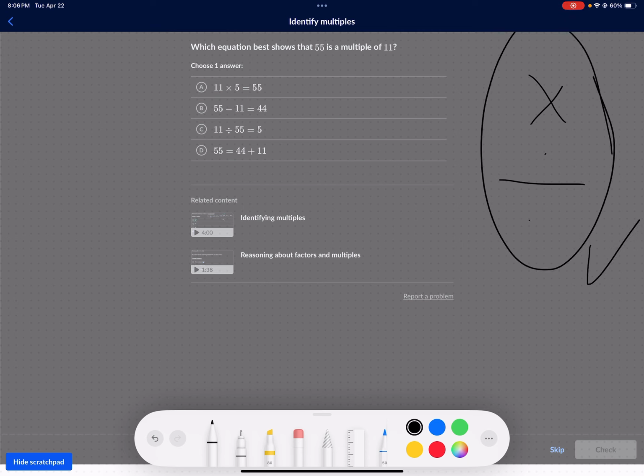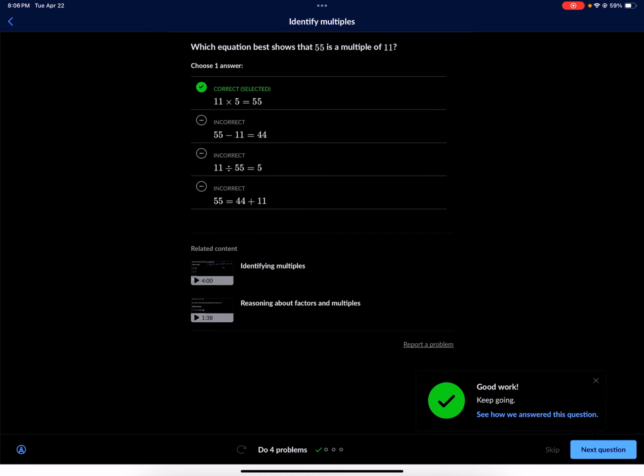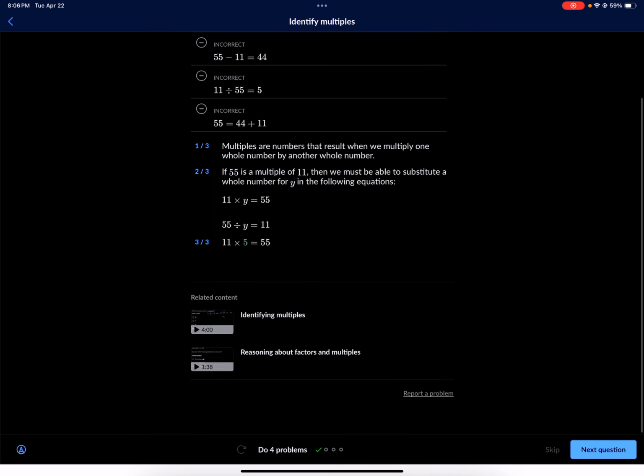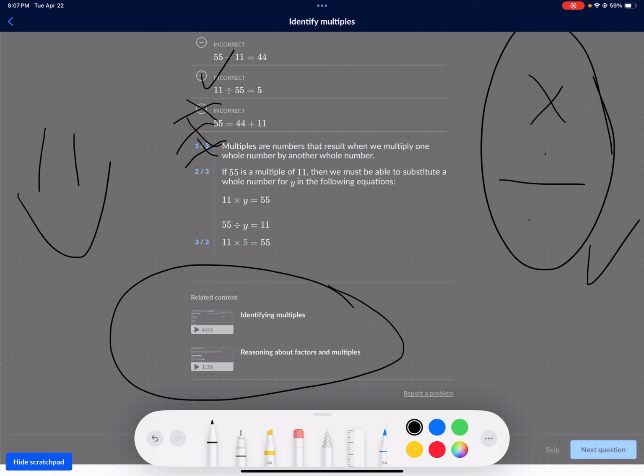So these are out because they're addition and subtraction, and 11 divided by 55 is not 5. It's 1 over 5. This is wrong as well. A is our best answer. Explanation. Videos, if you got that wrong. Otherwise, happy studying.